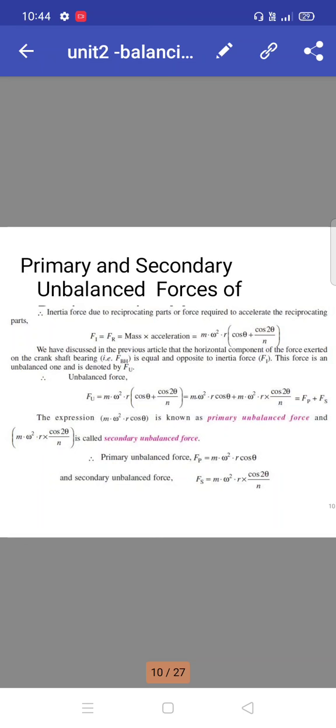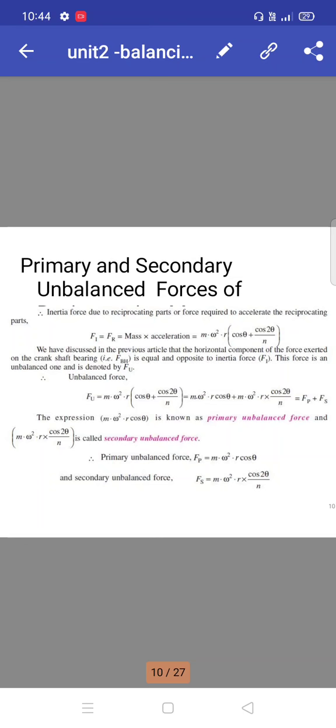Fp specifies the primary force, Fs specifies the secondary force. So the expression m omega square r cos theta is known as the primary unbalanced force, and m omega square r cos 2 theta by n is called the secondary unbalanced force.